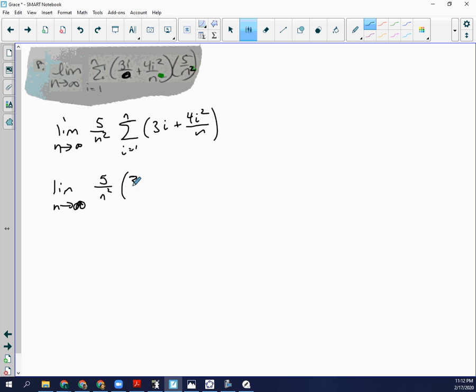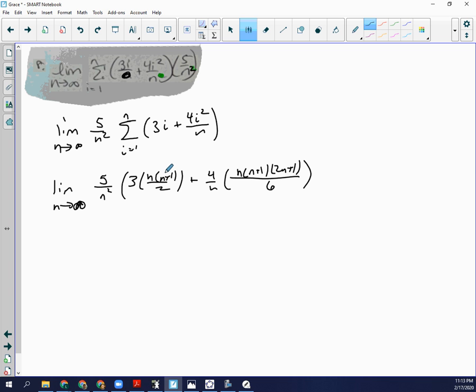So we've got 3 times n plus 1 over 2, taking the place of the sum of the i's, plus 4 over n times the i squared sum, which is n times n plus 1 times 2n plus 1 over 6. And we've got n squared in the denominator.